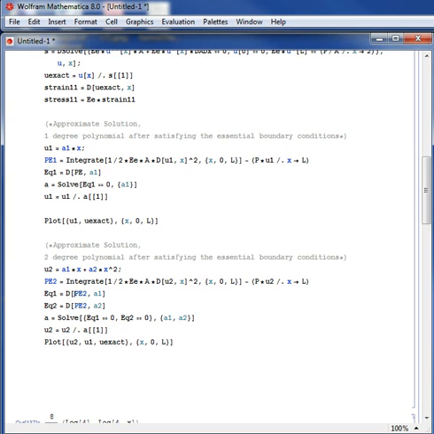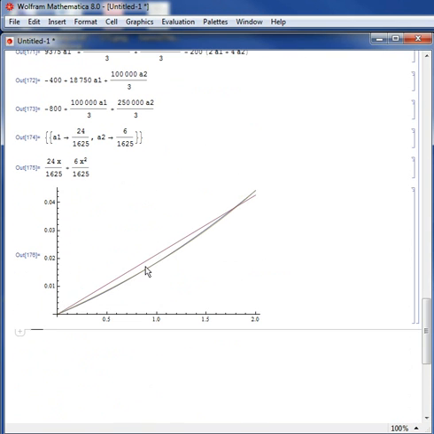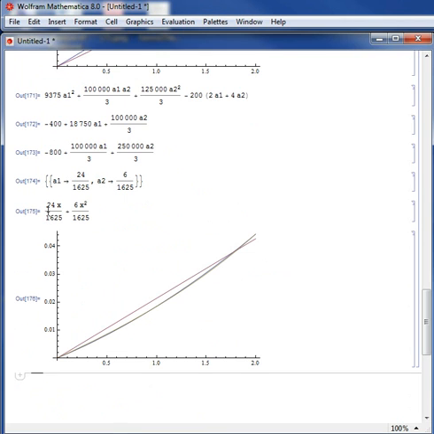So equation 1 is partial potential energy 2 with respect to A1, partial potential energy 2 with respect to A2. And similarly here, I'm just going to differentiate potential energy 1 and potential energy 2. Alright, shift enter, and you get, this is A1, this is A2, and this is the solution.